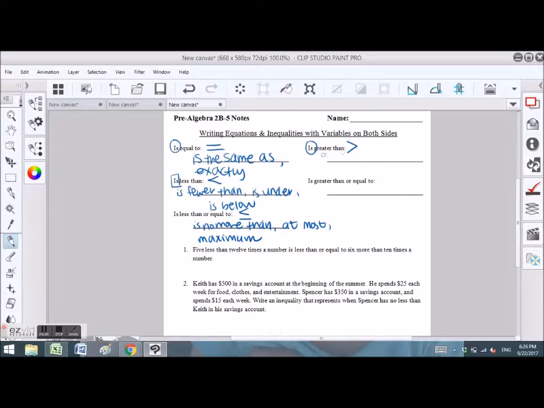Next we have is greater than. Remember, if we don't have the "is," greater than means to add. So words or phrases similar to is greater than are is more than, exceeds, so one value exceeds the other, and then over and above.